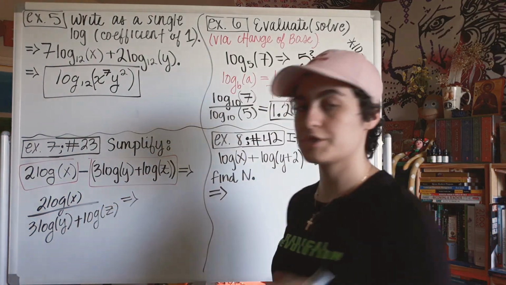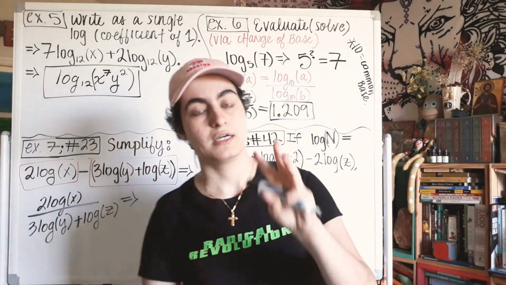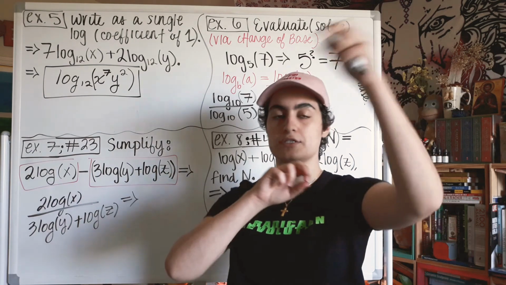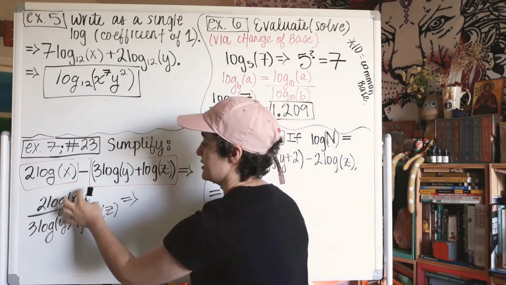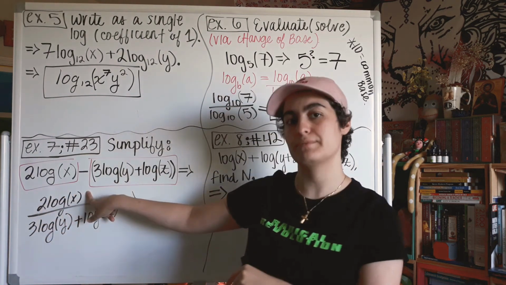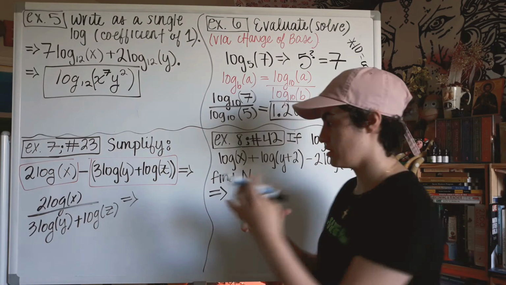Okay, so now we're going to use law number 3. This is the law where you either bring the exponent down or you take that coefficient and make it become an exponent. And so we're going to compress it even further.